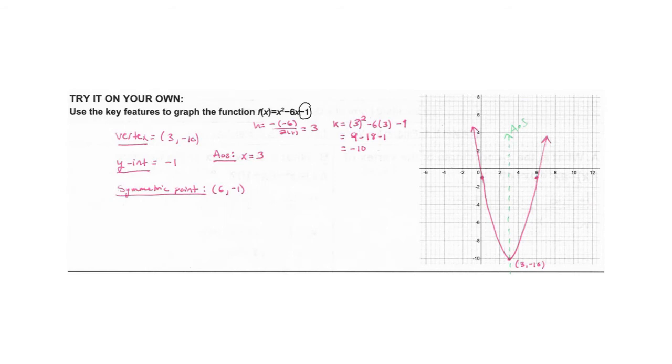That's always your y-intercept given in standard form. So we find that y-intercept, and its distance away from the axis of symmetry is 3 to the left. Therefore, our symmetric point will be 3 to the right, which is 6 comma negative 1. Okay, so I plotted those 2 points, then made my parabola.